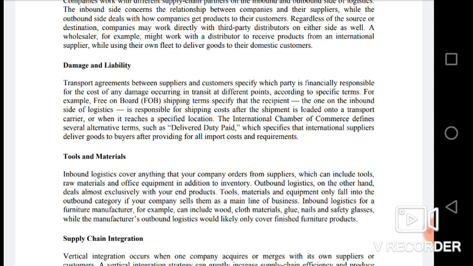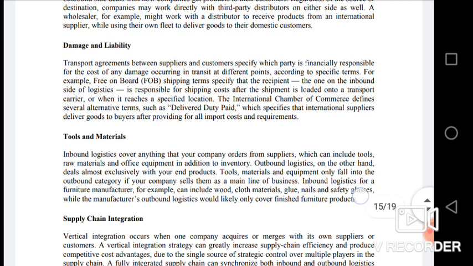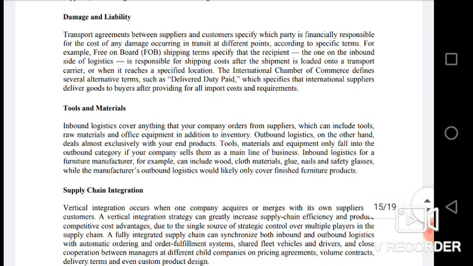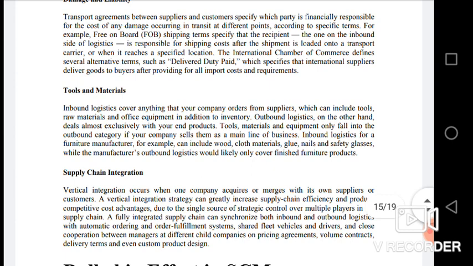The International Chamber of Commerce defines several alternative terms, such as delivery duty paid, which specifies that the international supplier delivers goods to the buyer after paying all import costs and meeting requirements. Free on board and delivery duty paid are some of the terms used in the international supply chain.